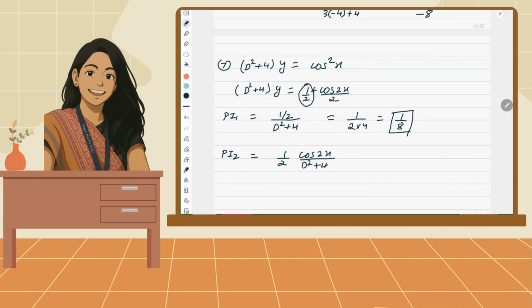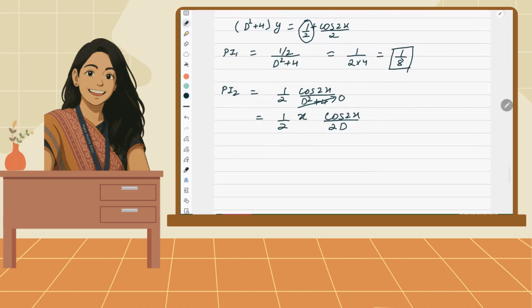Correct? So now in place of d square you should put minus 4 and definitely it is giving me 0. So what I'll do? 1 by 2 x cos 2x upon 2d. So this will become 1 by 4 or x by 4 cos 2x by d, which means integration of cos 2x.